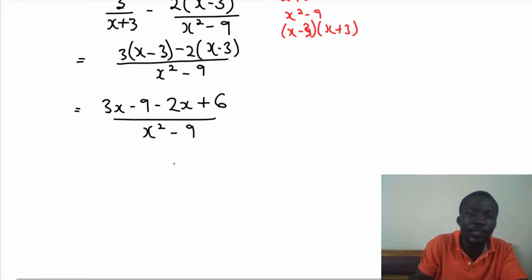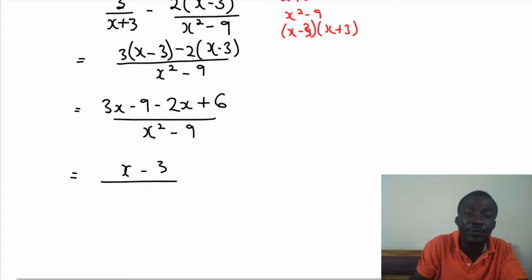We can also simplify the numerator again. 3x minus 2x will give us x, then negative 9 plus 6 will be negative 3.